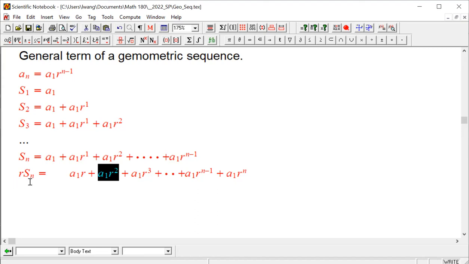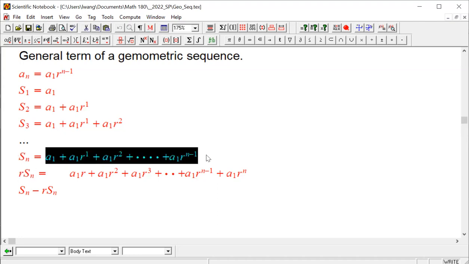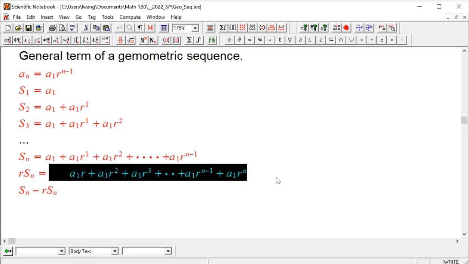If we subtract one by the other, how do we subtract it? We take this piece, subtracting that piece, on the left side and on the right side. So we have S sub n minus r times S sub n, the left-hand side subtracting the right-hand side. On the right-hand side, we take this piece subtracting the entirety of the latter piece.